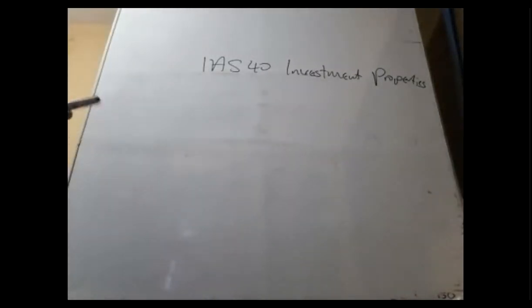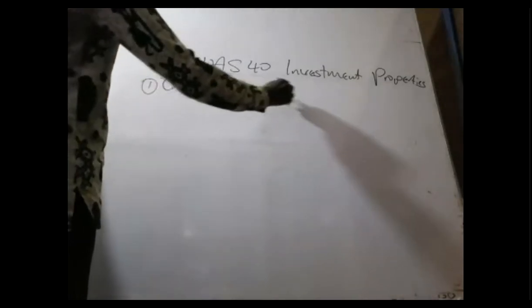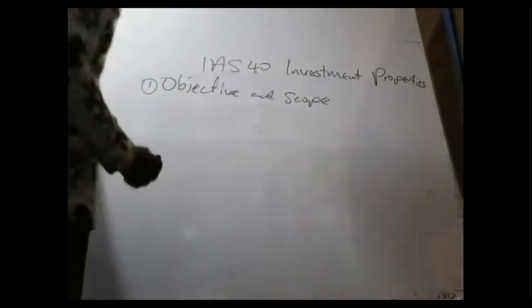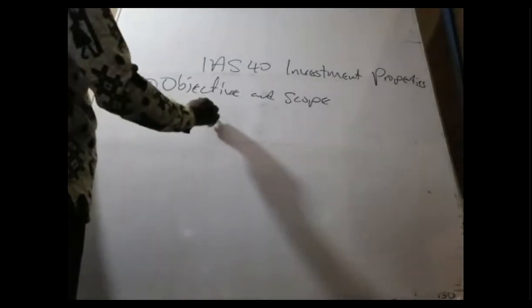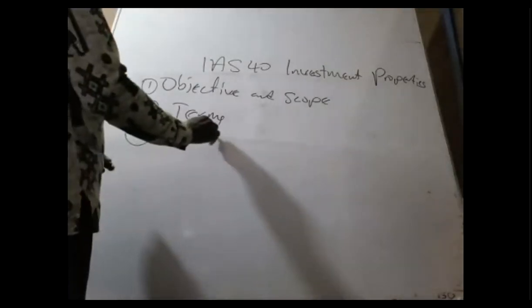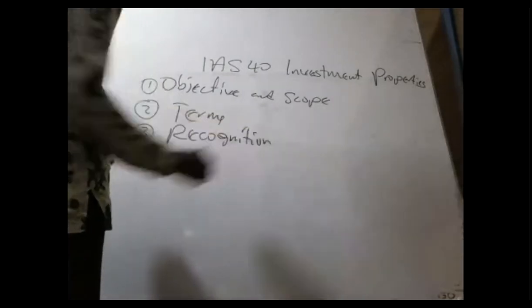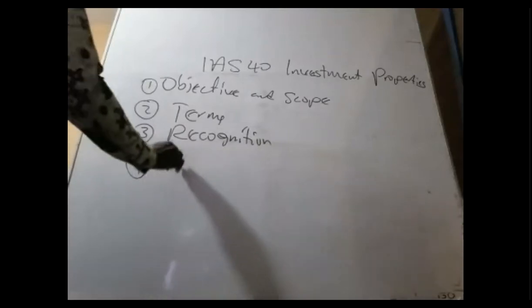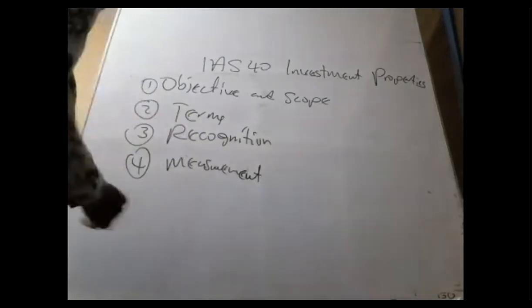Now, in summary, if you pick every standard, you should know what? Number one, the objective and scope of that particular standard. Number two is the terms stated in the standard. Number three is the recognition. Number four is the measurement, and some few issues stated in it.